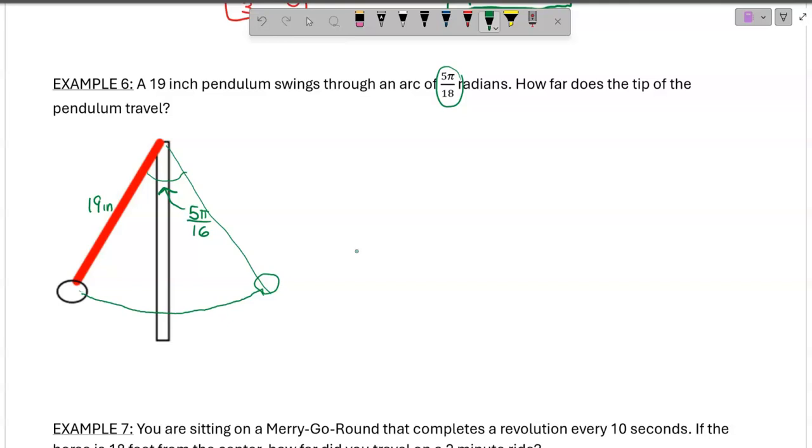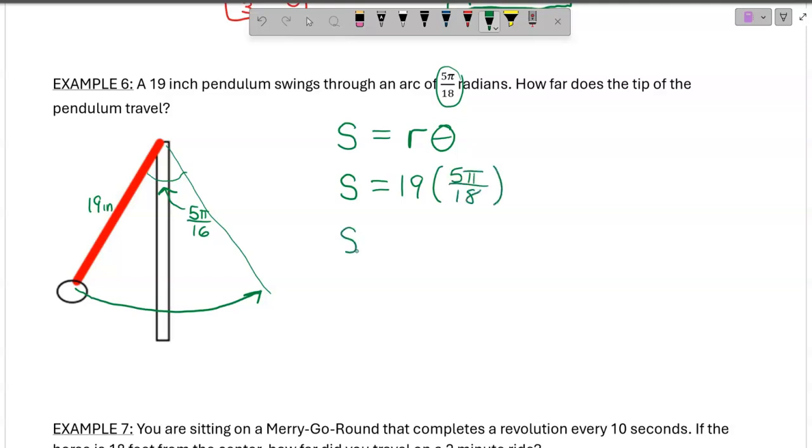So what you may see here is that this is indeed creating a sector. And since this is creating a sector, we are allowed to use arc length because we want to figure out how far this pendulum is actually moving. I want to figure out this length down here at the bottom. So this means that this is going to be an arc length formula. S equals r theta. R is going to be 19, and theta is going to be 5 pi over 18.